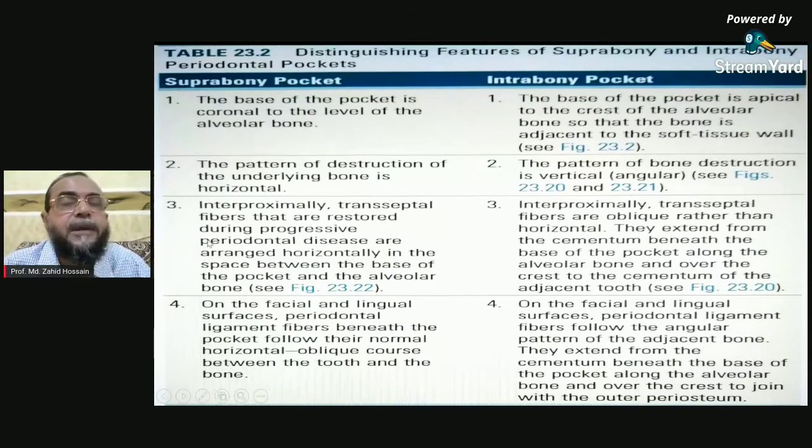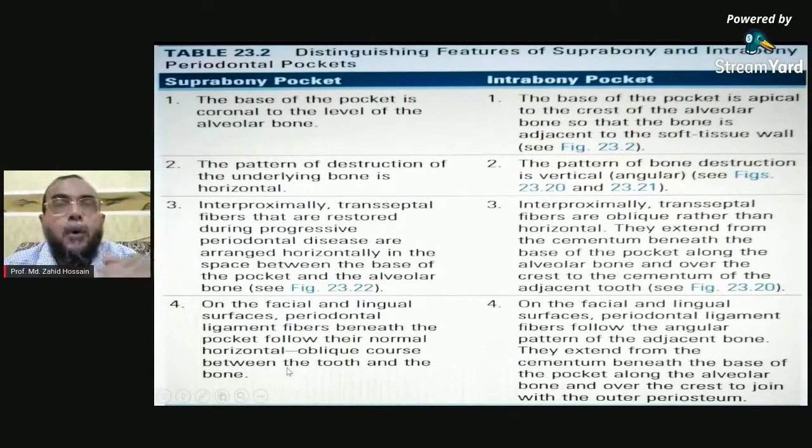Number 3, the transseptal fibers are usually restored, and it becomes the same pattern as it is. Because the bone loss is horizontal, the pattern is still horizontal. But interproximally, for the infrabony pocket, you will find transseptal fibers in an oblique pattern, because the bone loss occurred obliquely or vertically. And the final one: on the facial and lingual surfaces, the periodontal ligament fibers beneath the pocket follow the normal horizontal course.